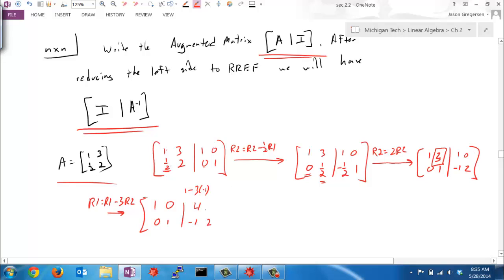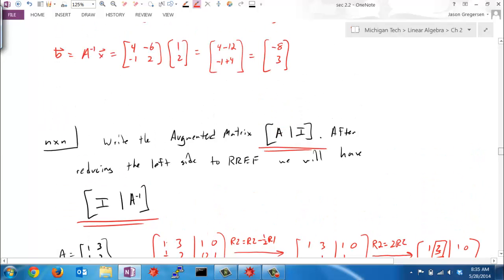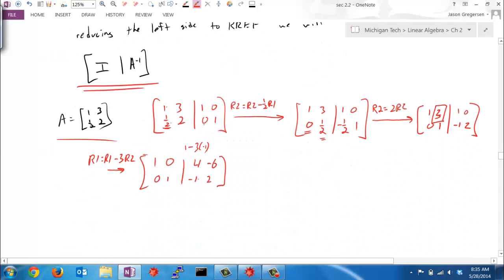And 0 minus 3 times negative 2 should be negative 6. Does that look like my inverse matrix? It does. So now this is identity and this is my inverse.